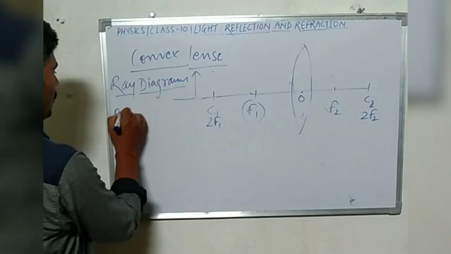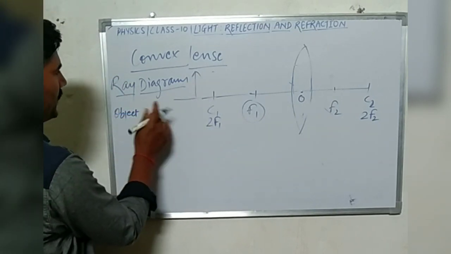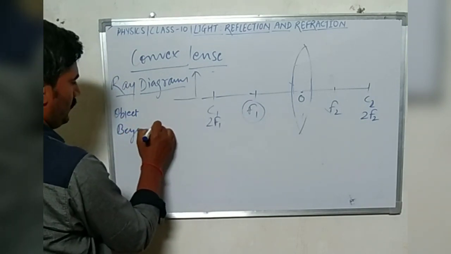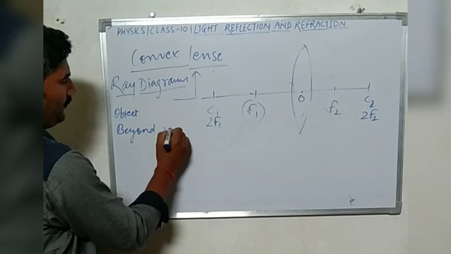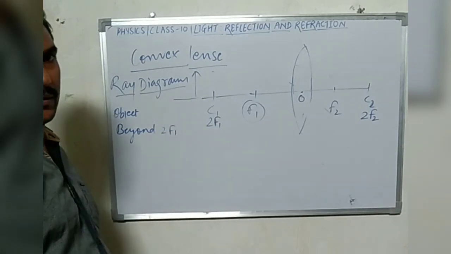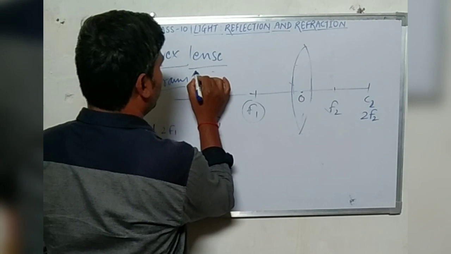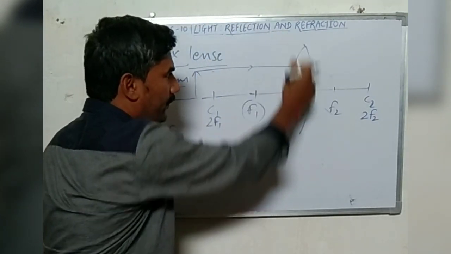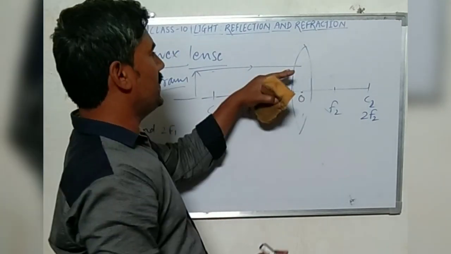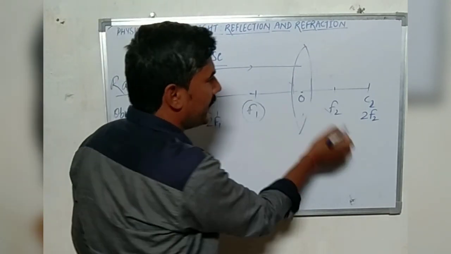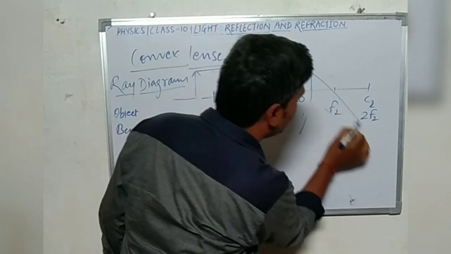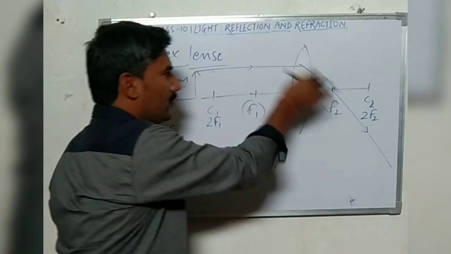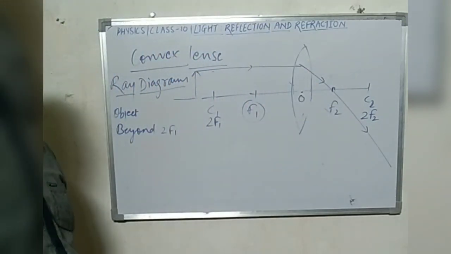So here the object is placed beyond 2F1. A ray of light parallel to the principal axis strikes the surface of the convex lens. After striking, it gets refracted and converges to the principal focus at F2.